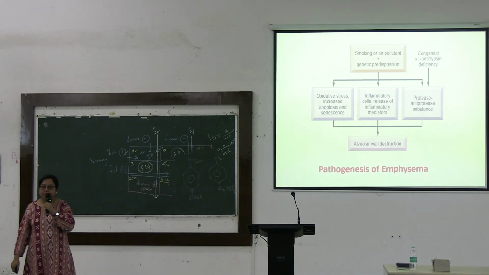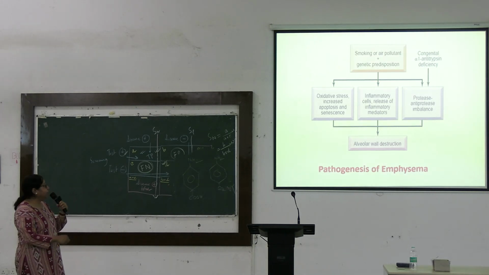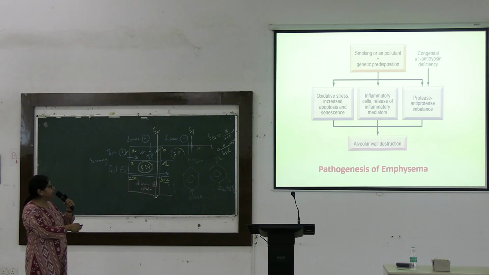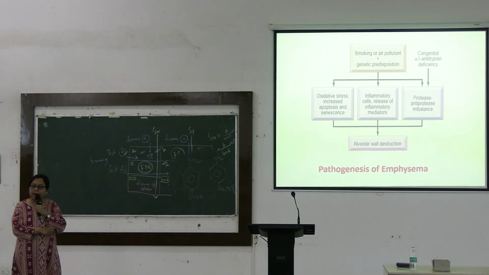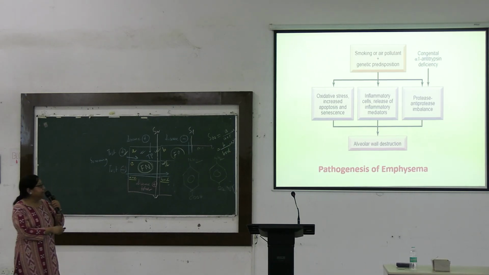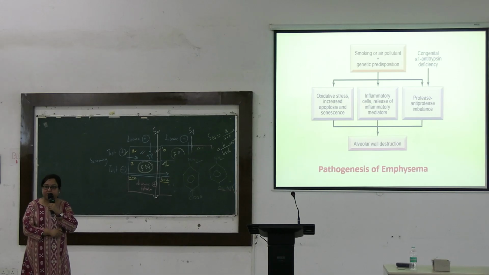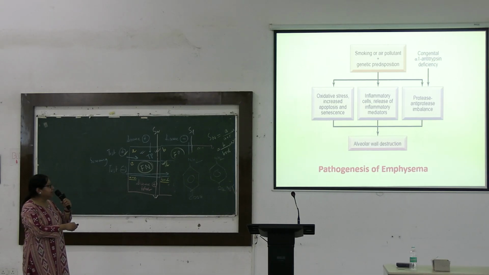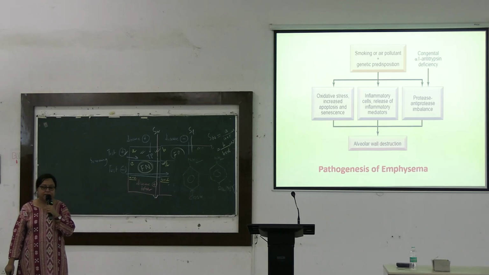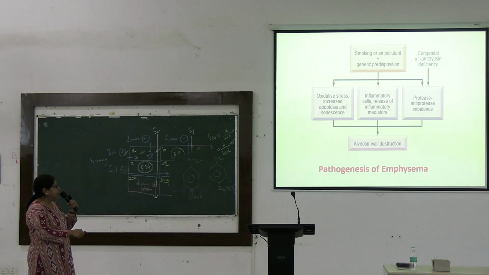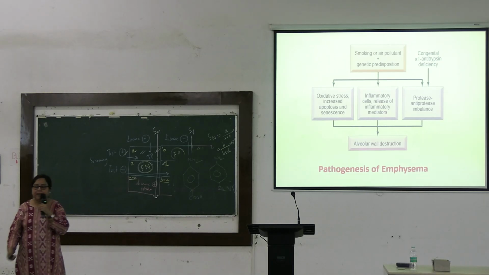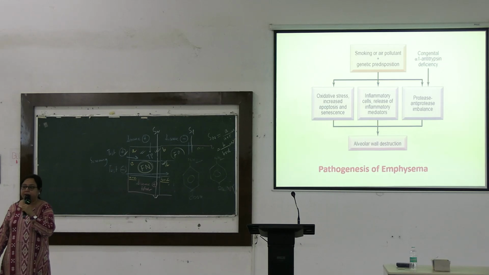So coming to the pathogenesis. The pathogenesis of emphysema is mostly due to smoking or air pollutants, as well as genetic predisposition. All these will lead to oxidative stress, increased apoptosis and senescence, as well as release of inflammatory mediators.